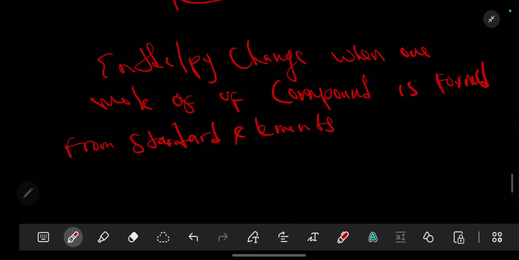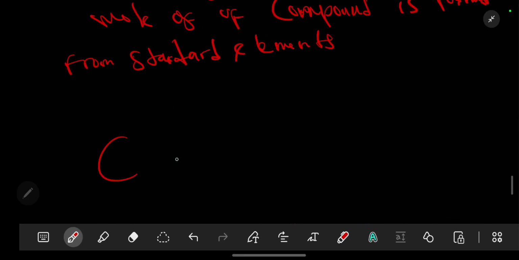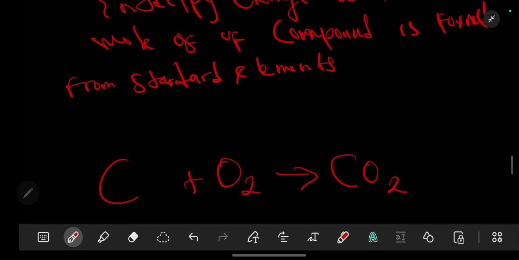Now what do we mean? For example, if you want to produce carbon dioxide, you are going to add carbon, which is graphite, plus the oxygen. Anything other than this is not the way to form carbon dioxide. So this is what we call the standard enthalpy of formation.